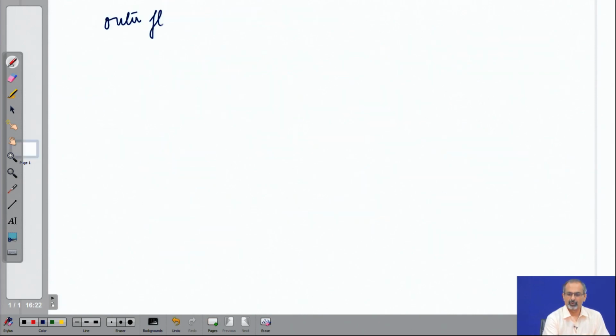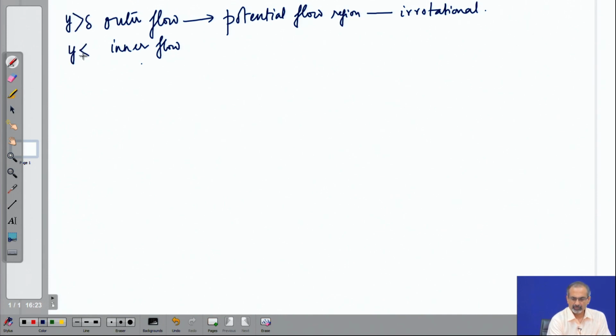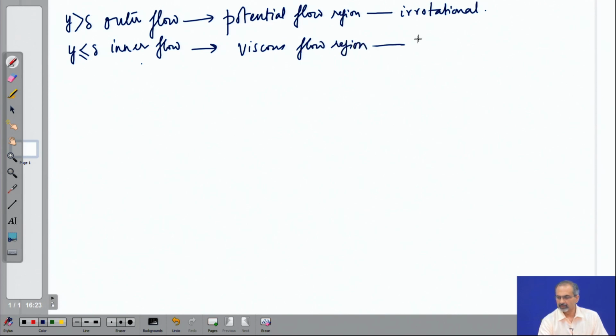We looked at an outer flow which is basically a potential flow region, which is irrotational in nature, while the inner flow region is a viscous flow region, and it is also rotational in nature.